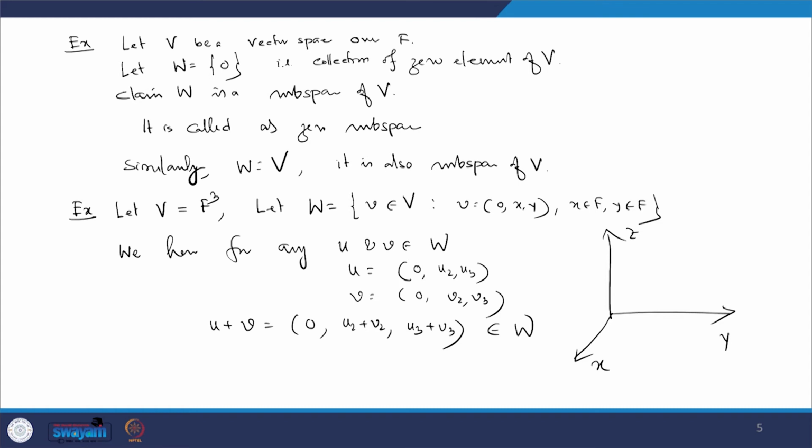So you see that all the points in the yz plane form a subspace of the vector space V. In exactly the same way, one can check that all the points on the xz plane are also a subspace of V, and all the points on the x axis are also a subspace of F^3, and all the points on the y axis are also a subspace of F^3. So, we can have many subspaces for this space.